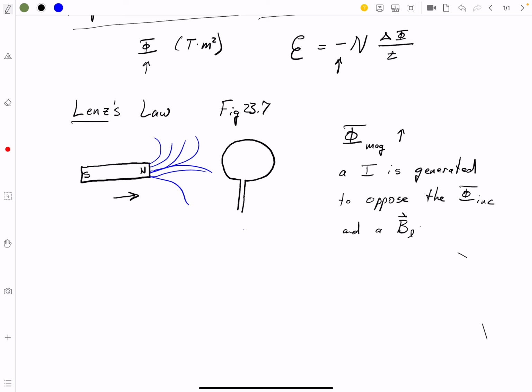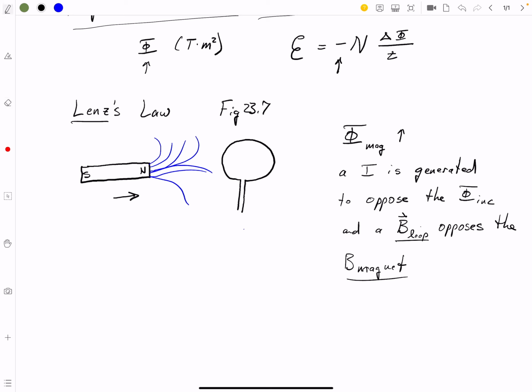So it's the magnetic field of the loop opposes the B of the magnet. It's this opposition that Lenz was getting at, okay?